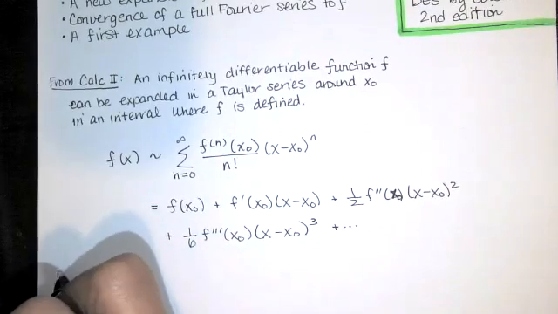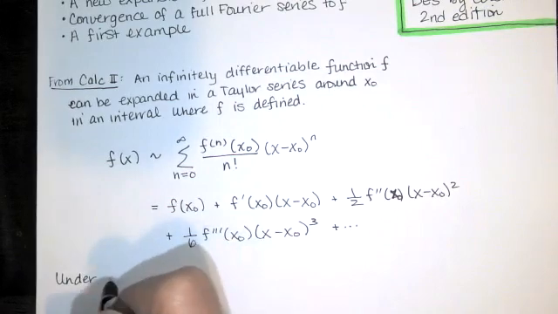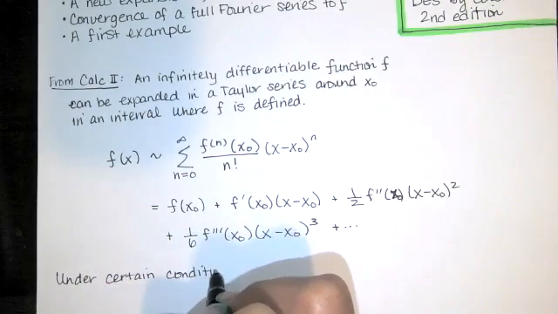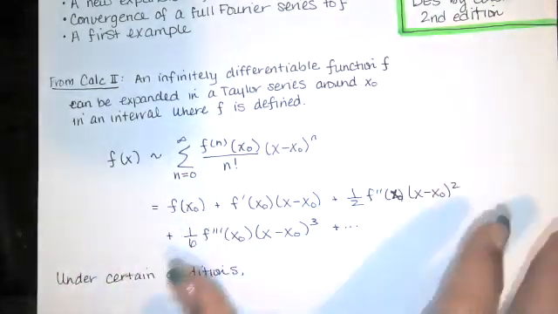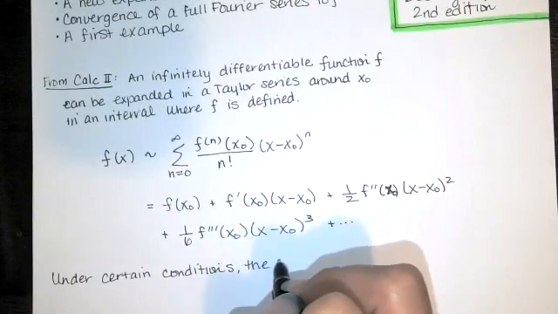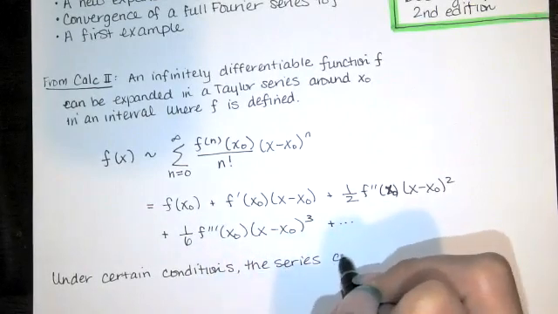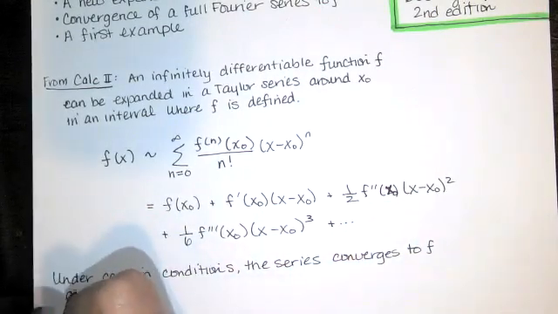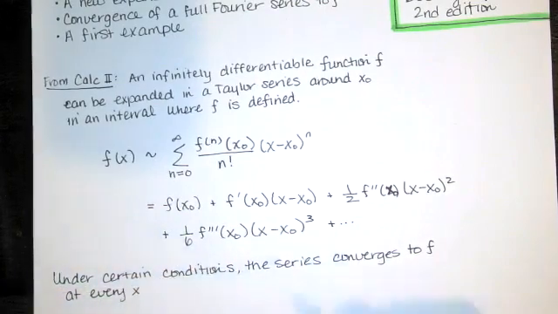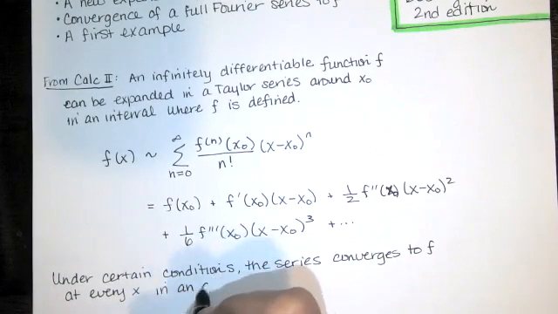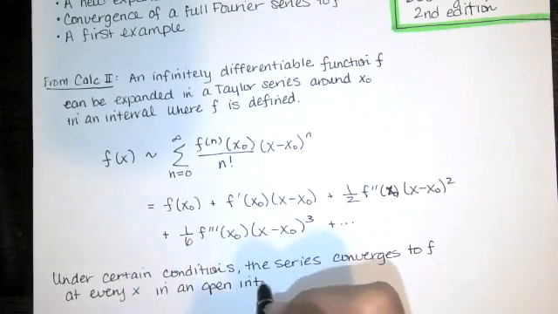Now, under certain conditions, this converges to f pointwise. This infinite series actually gives us f back for each x value in some interval centered at x0, an open interval typically.